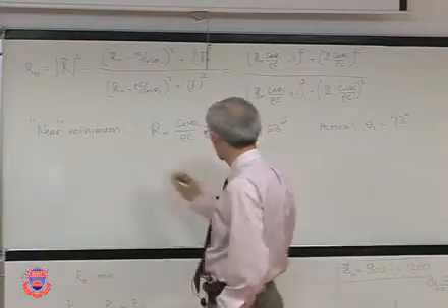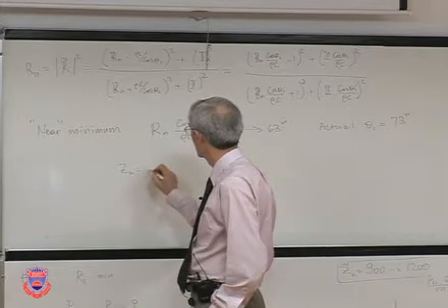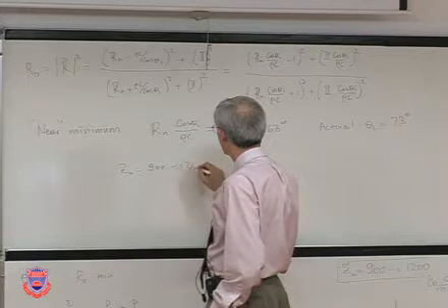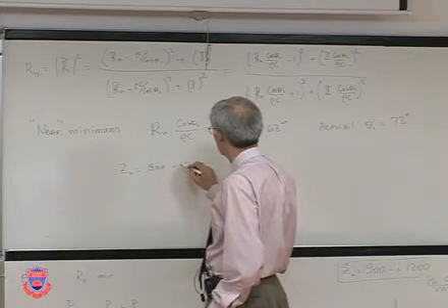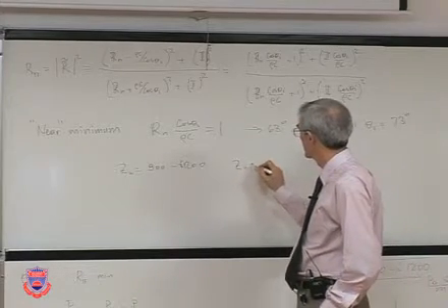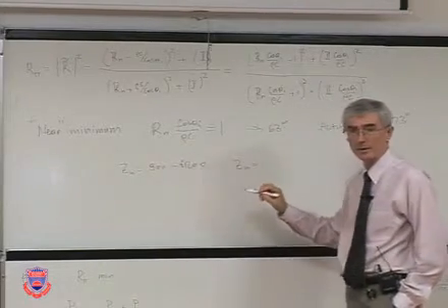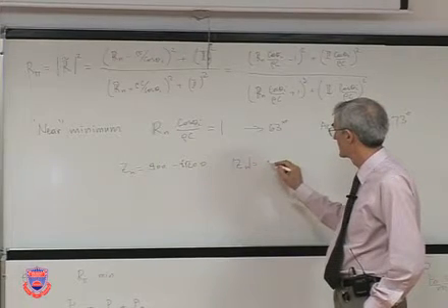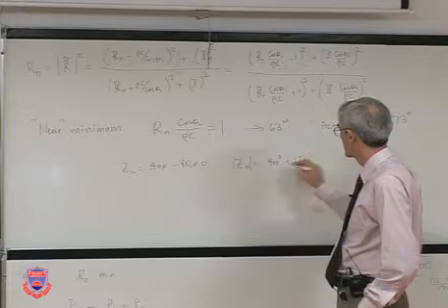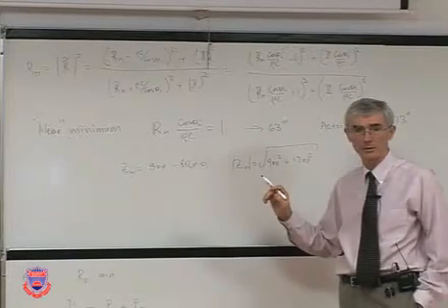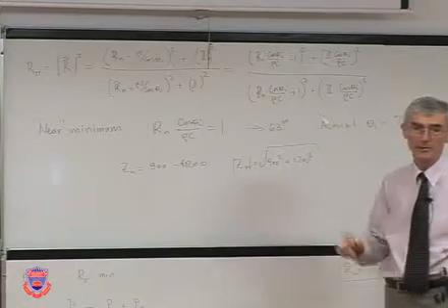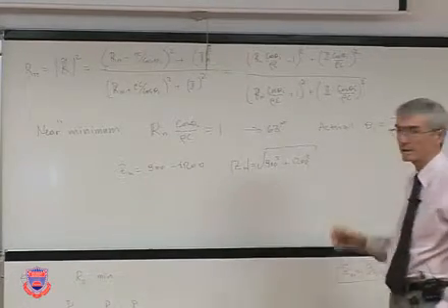If you look at the impedance here, Zn is 900 minus i 1200. If you take its absolute value, it will be the square root of 900 squared plus 1200 squared. That's what you did, right? And that gave you that value, which is coincident with this.